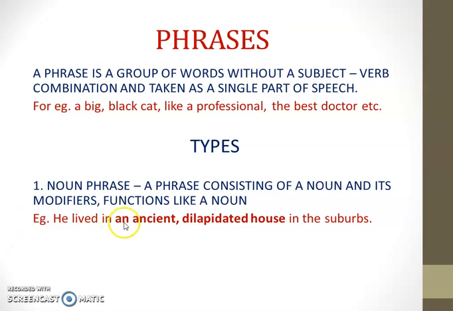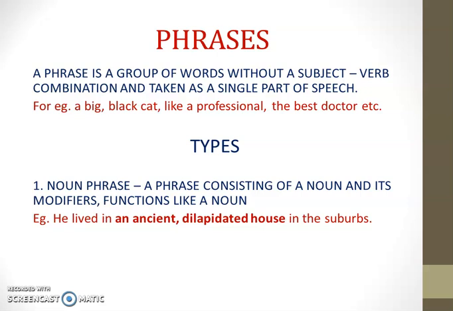Here, the noun phrase is given in bold letters. An ancient, dilapidated house. As you can see, it consists of a noun, house, plus the modifiers, two adjectives that modify the noun house, that is ancient and dilapidated, and it also consists of an article, an.